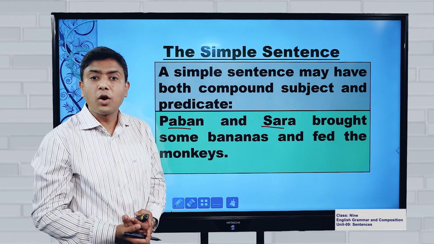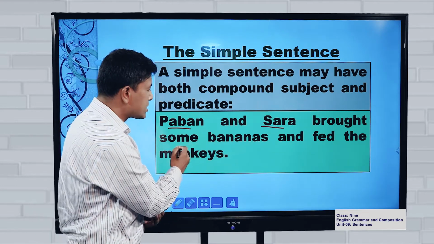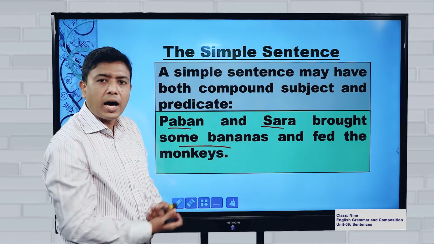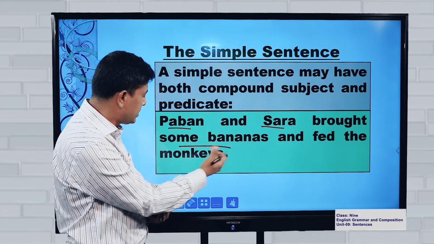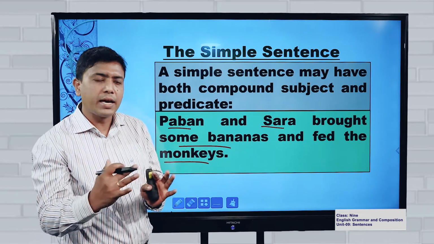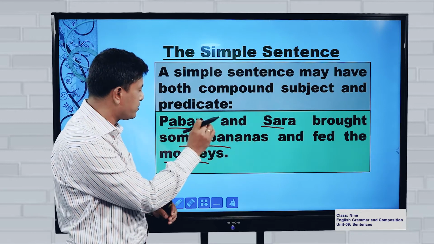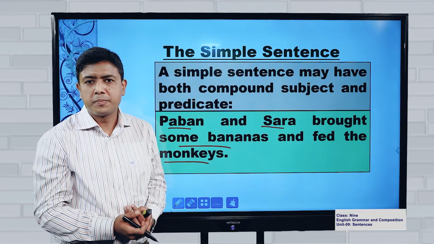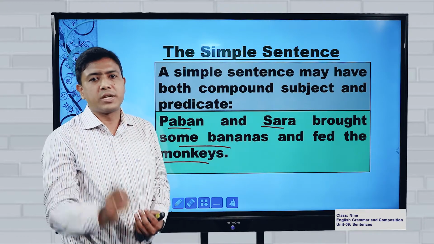Again, we have a compound predicate. Brought some bananas is a part of one predicate, and we also have the other part of the predicate, which is fed the monkeys. In fact, it is another idea. Therefore, altogether, brought some bananas and fed the monkeys becomes one compound predicate.